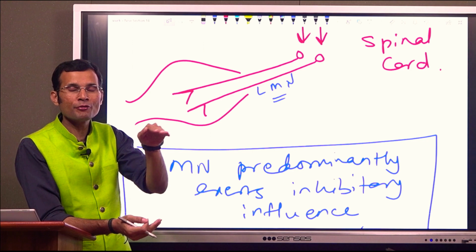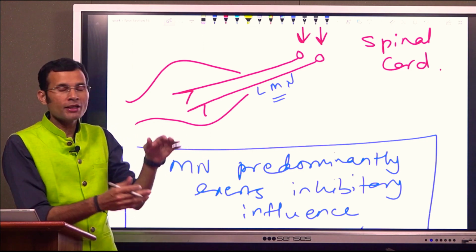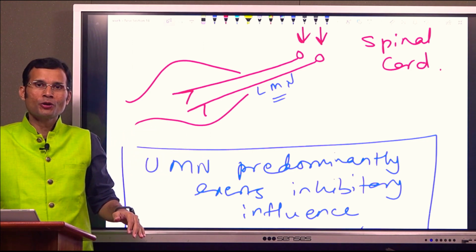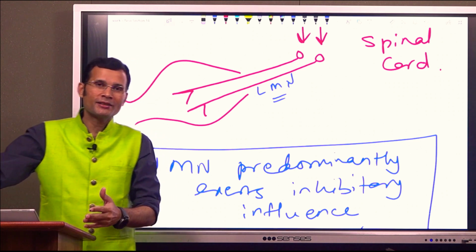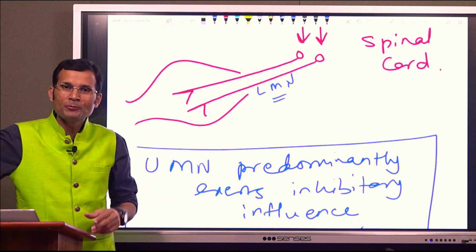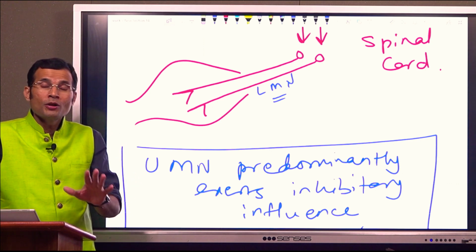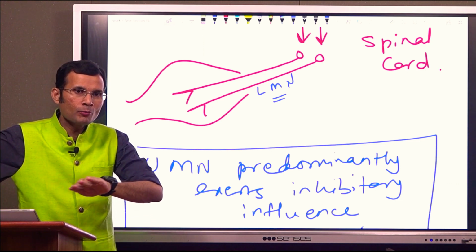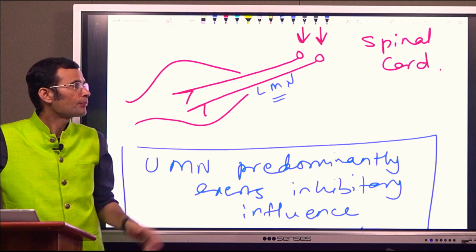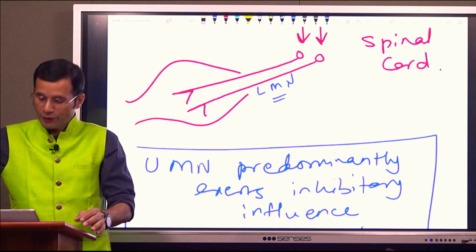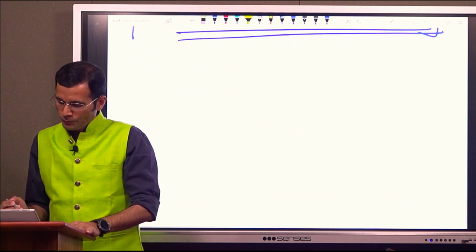That inhibitory influence is gone, and therefore there will be a hyperactive lower motor neuron. My activities will be exaggerated. So that's the effect. Now, therefore, if the upper motor neuron influence is removed, what will happen? Excess activity in the lower motor neuron.